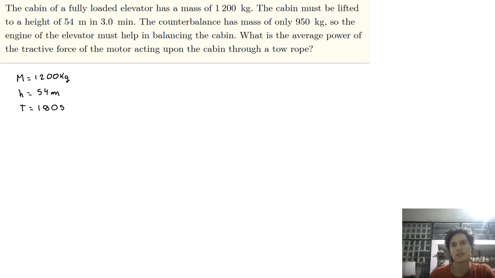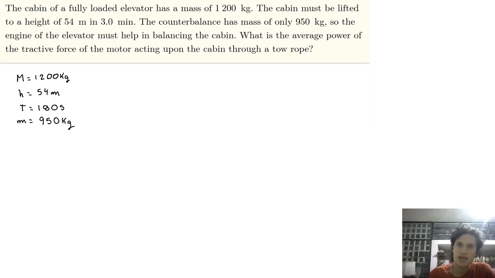The counterbalance has a mass of only 950 kilograms. So the engine of the elevator must help in balancing the cabin.